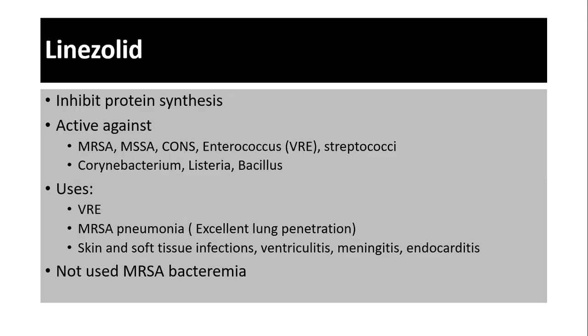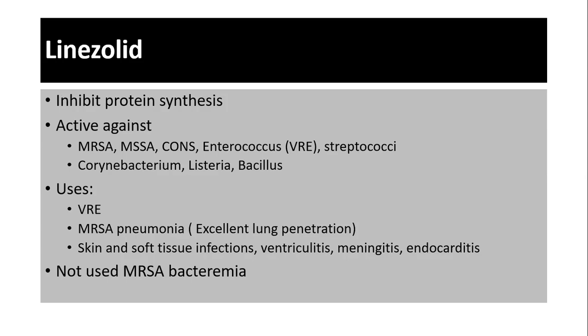Linezolid, again a protein synthesis inhibitor. It has activity against gram-positives like MSSA, MRSA, Enterococcus, faecium, Listeria, Bacillus. It's used in vancomycin-resistant Enterococcus. It is used in MRSA pneumonia because it has excellent lung penetration. It is also used in skin and soft tissue infections, ventriculitis, meningitis, endocarditis, but it should not be used in MRSA bacteremia because it is not bactericidal.